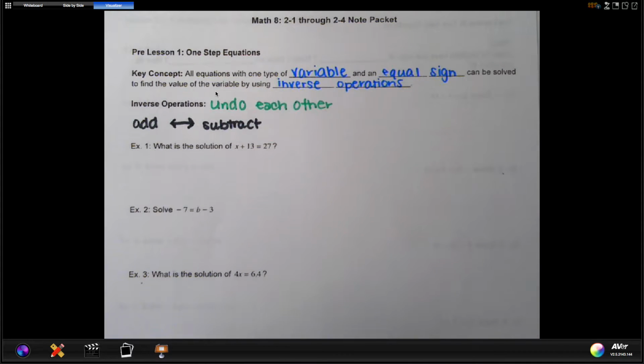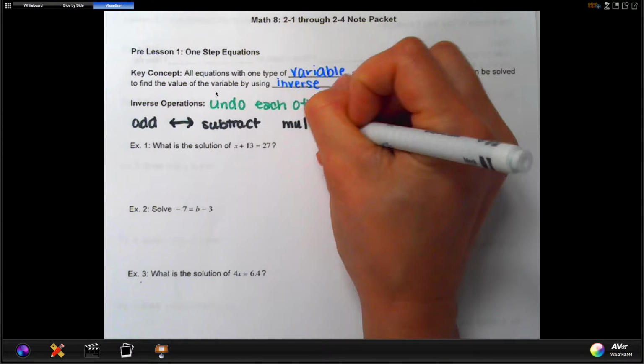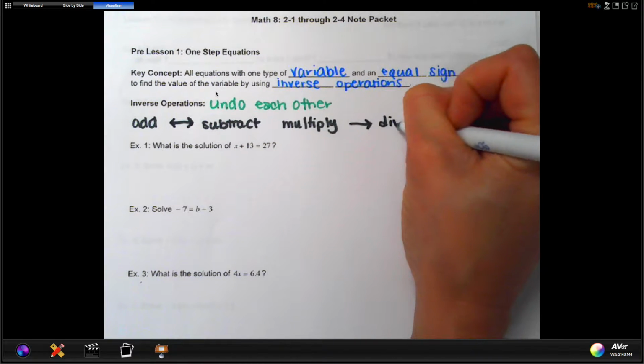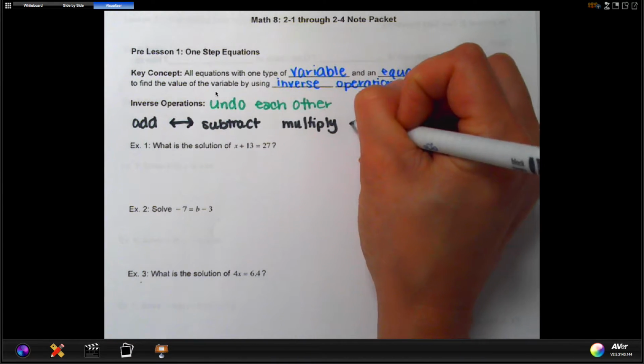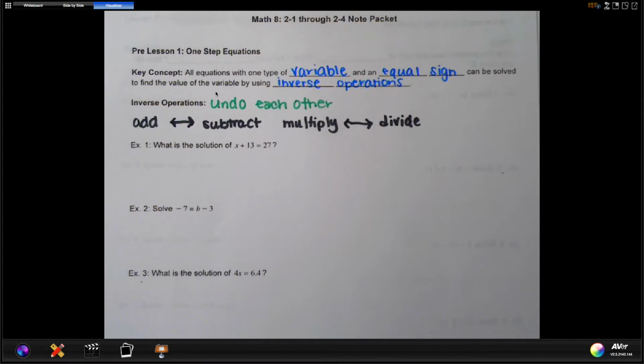Similarly, if you want to undo a multiply, you divide. And if you want to undo a divide, you multiply. There are other inverse operations that we're going to go over as we get further, but for now we're going to focus on adding and subtracting and multiplying and dividing.